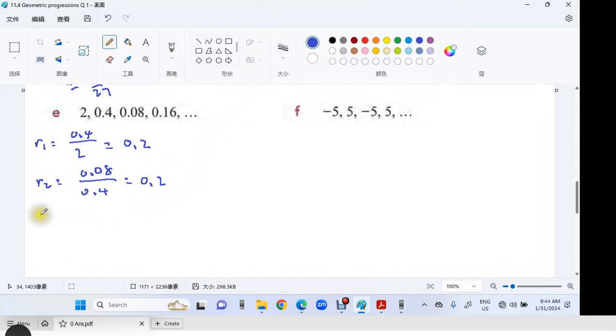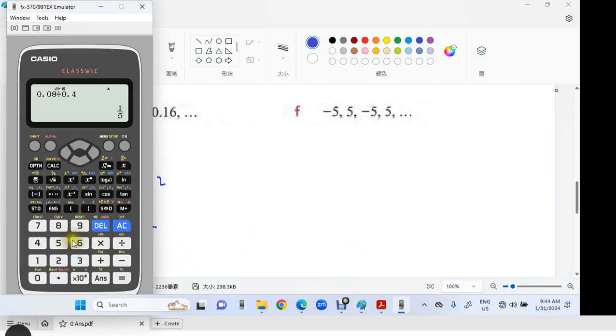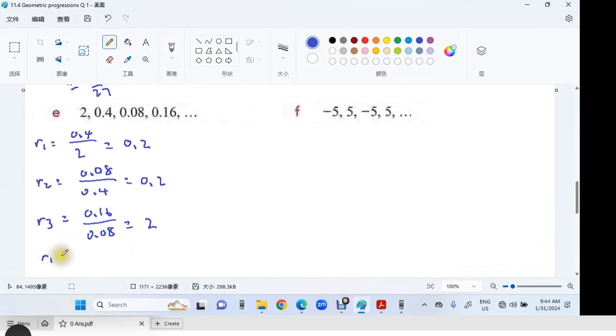And then R3 is 0.16 divided by 0.08, that is 2. So the R1 is not equal to R3, so this is not a GP.